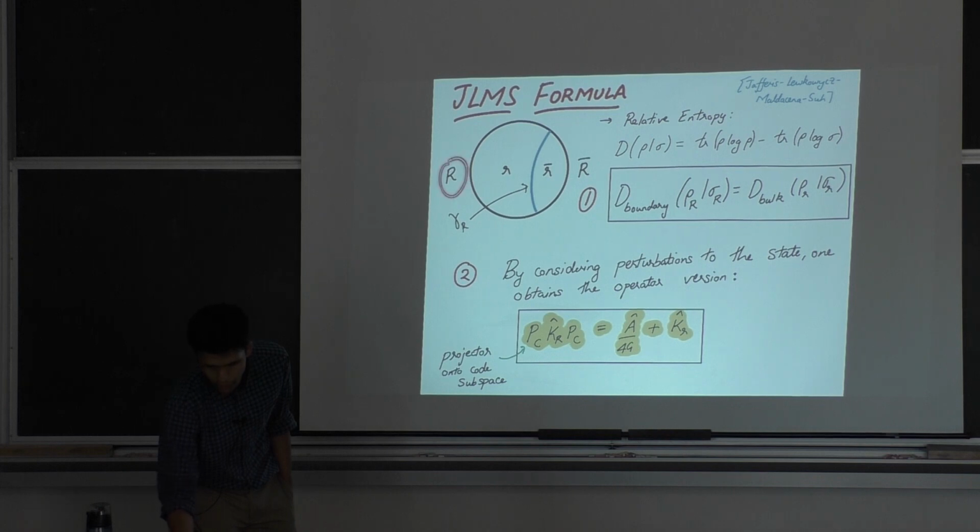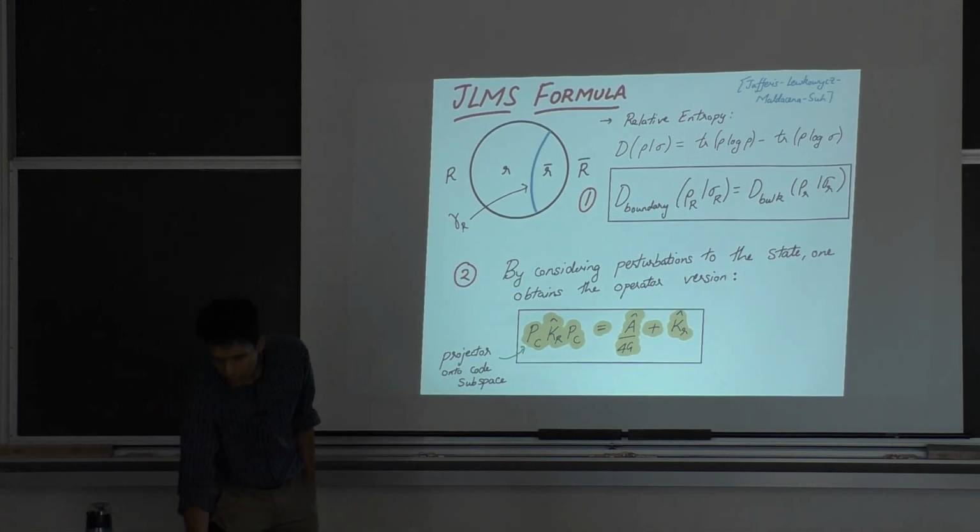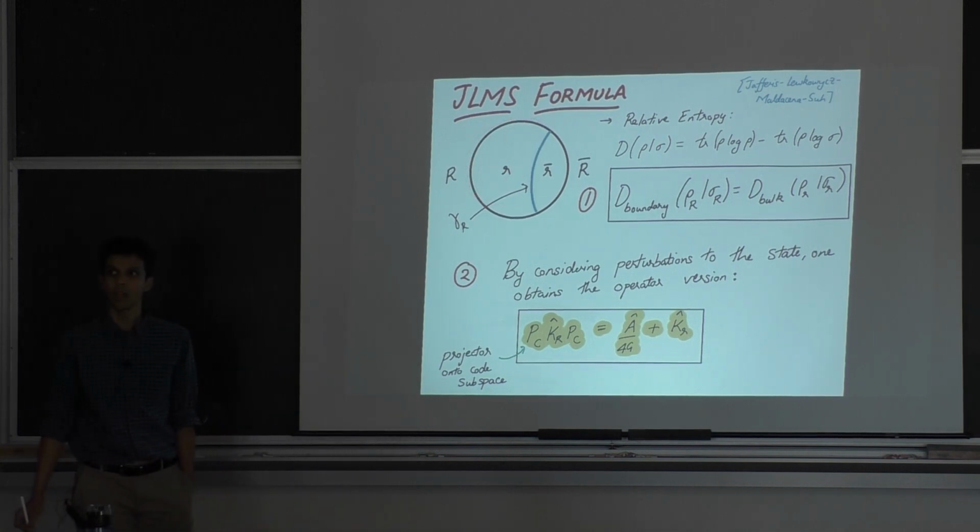So for capital R, the entanglement wedge is this region little r, which is bounded by the extremal surface gamma r, which is the Ryu-Takayanagi surface. And the relative entropy computed in the bulk on this region matches the relative entropy on this boundary region.